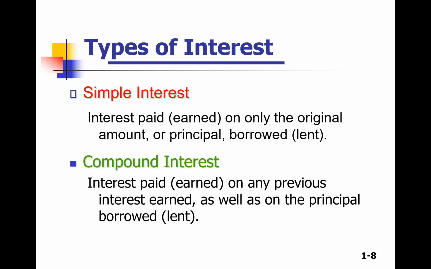And compound interest, that is another type of interest, is when we pay interest on interest that you have already earned. So you have to pay two parts of interest.